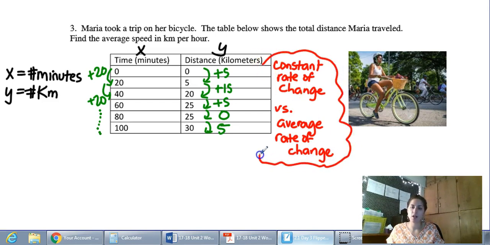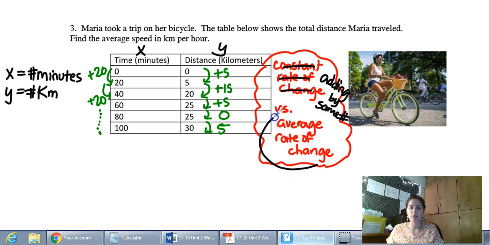Constant would be adding by the same number. Adding or subtracting. But if you notice, are you adding by the same number here? No, because here this is plus 5, but then it's plus 15. Then back to plus 5, then adding nothing at all, and then 5. So this one is not a constant rate of change.